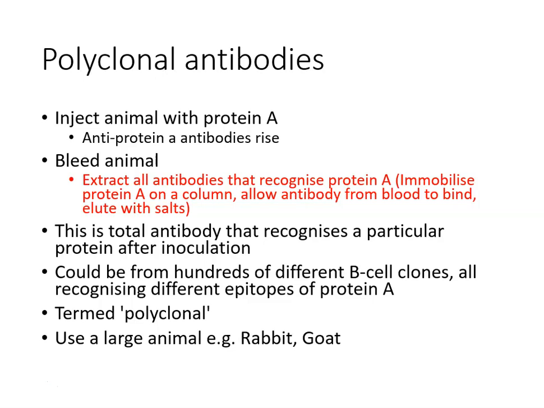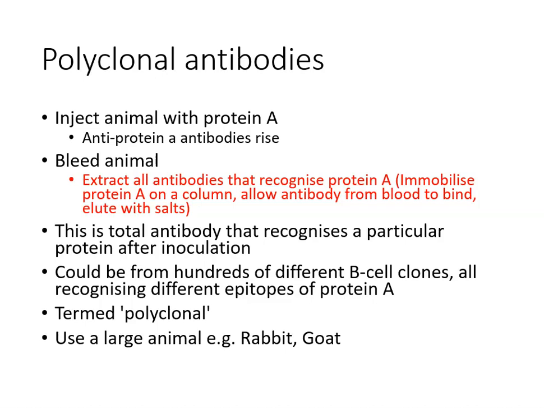You then take that blood, remove all of the white cells and red cells from there, and then extract all of the antibodies from that. And then we can purify the antibodies to protein A by having some protein A immobilized onto a column and then run the antibodies down that column, and wherever those antibodies come into contact with protein A on the column, they will stick, and all of the antibodies that don't recognize protein A will just wash through the column.